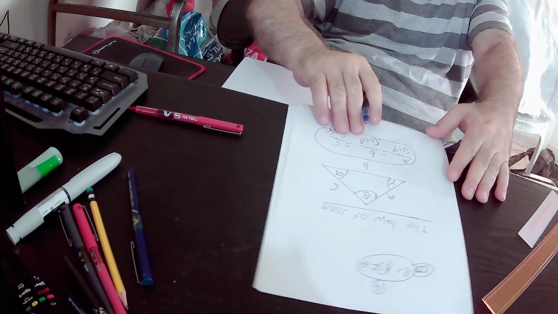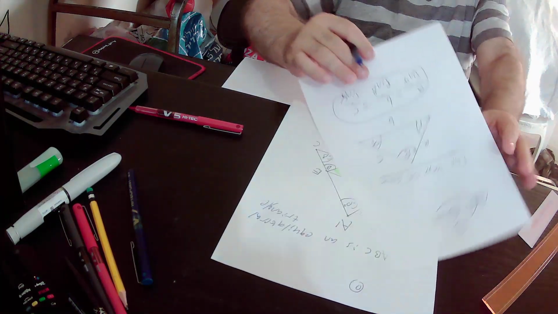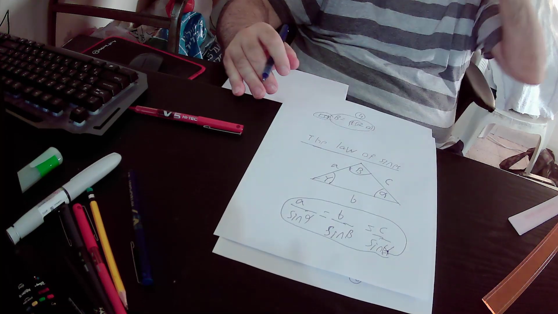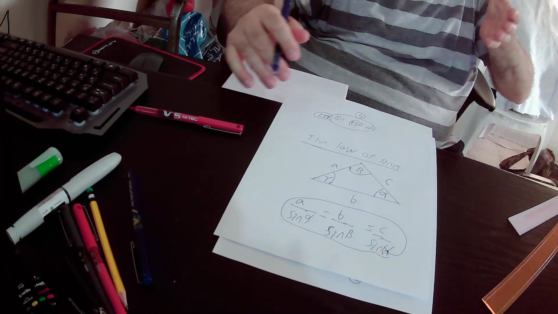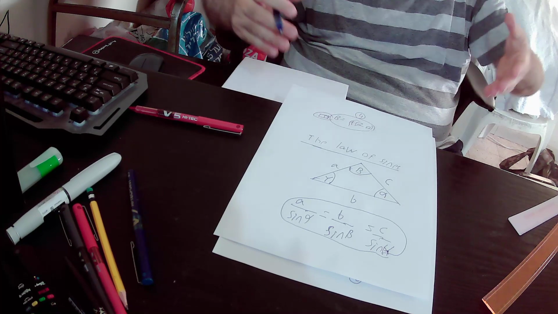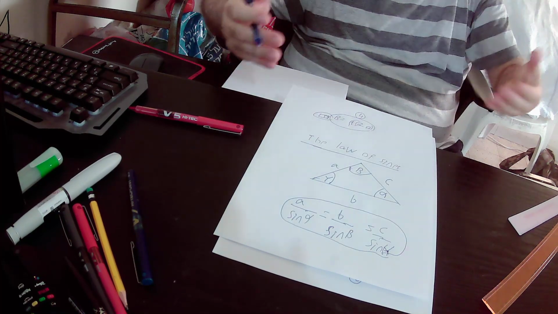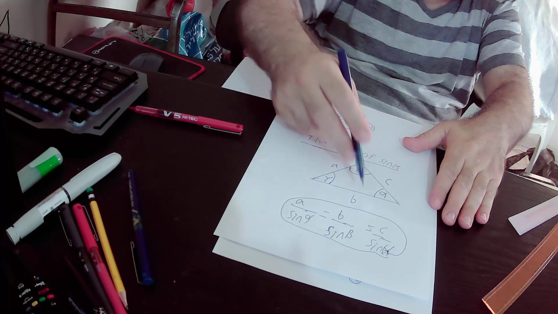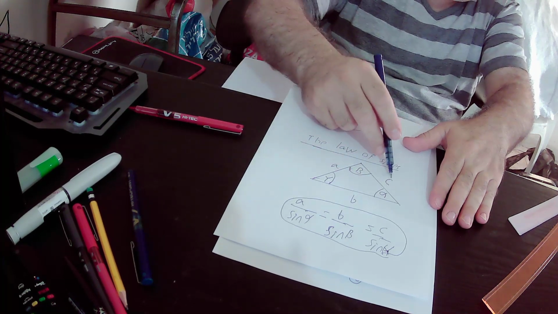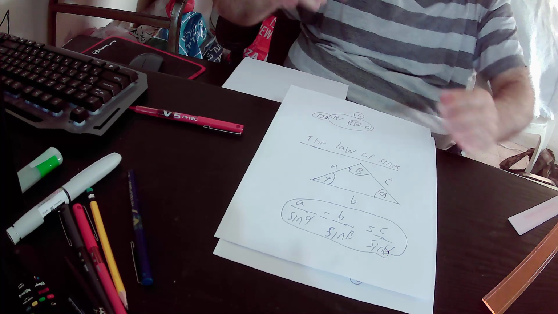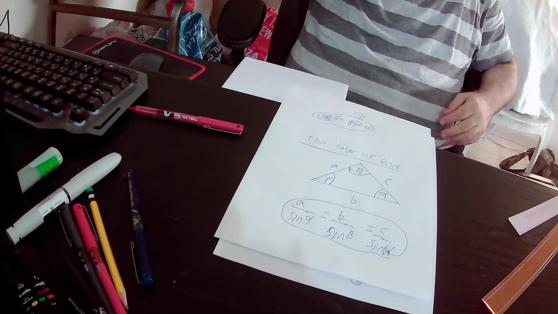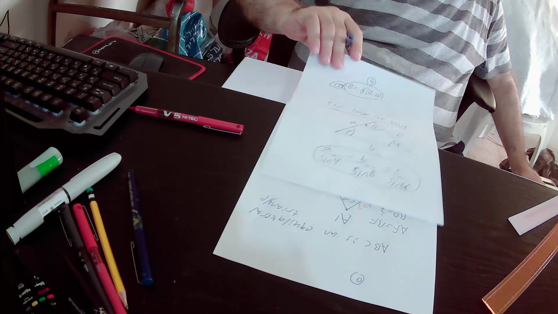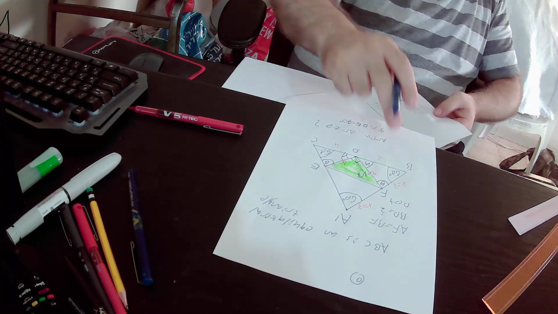It is true for any triangle in the world. That is the relationship between the angles and the sides of any triangle. So we can implement the law of sines in triangle BFD.